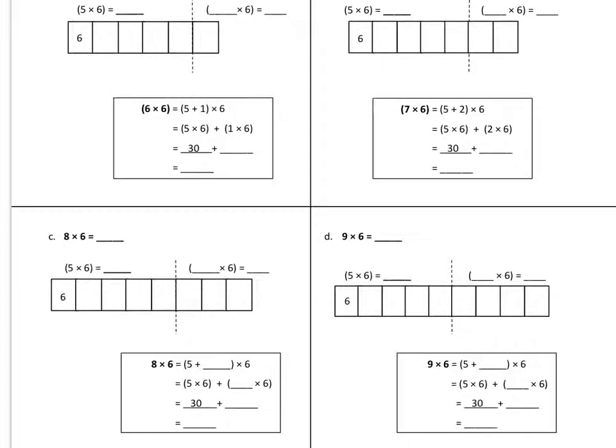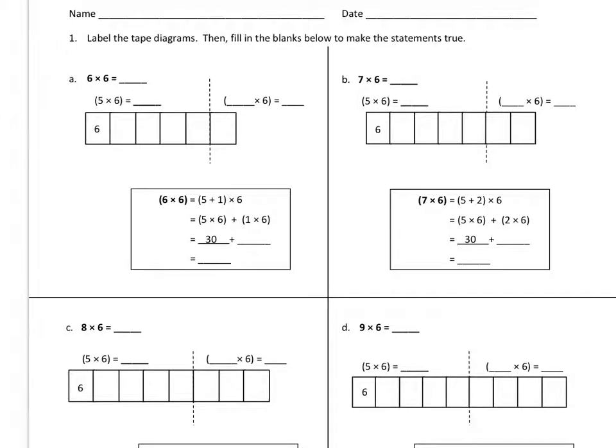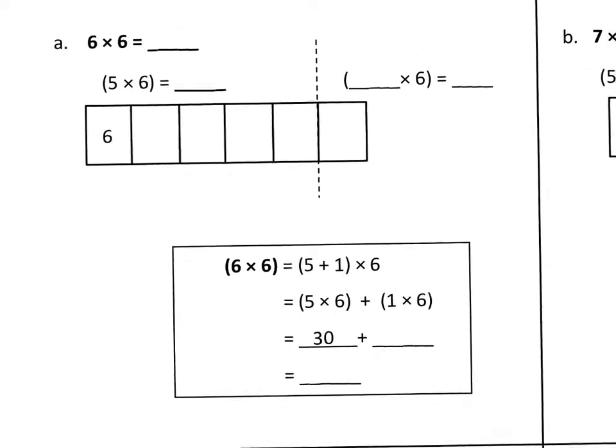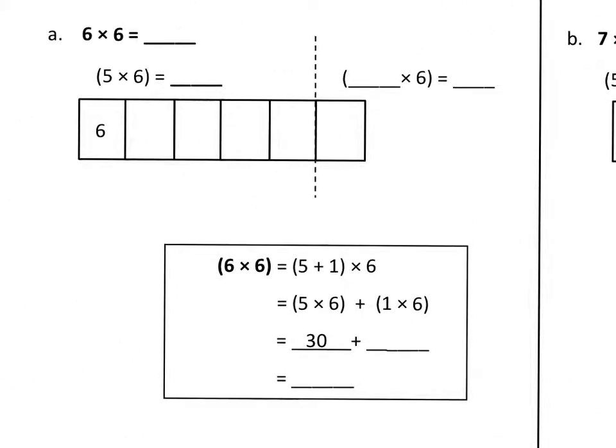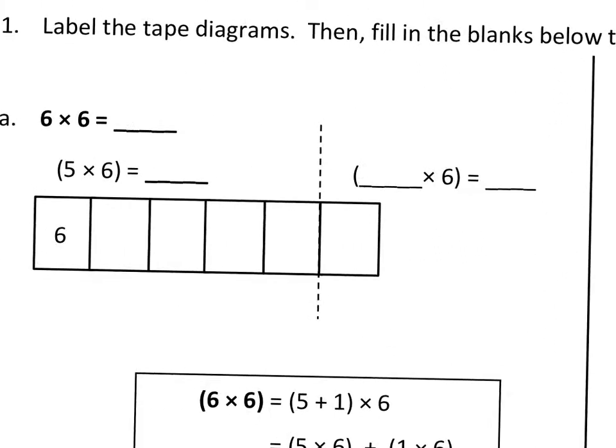Now here on the first page of the problem set, let's go ahead and zoom in really good here. So here we are. The directions say to label the tape diagrams, so we're going to label tape diagrams and fill in the blanks. Okay, so here we go.